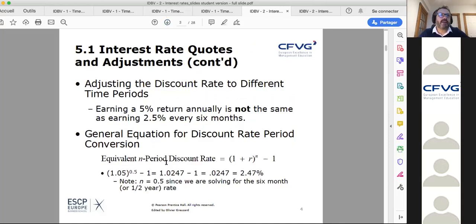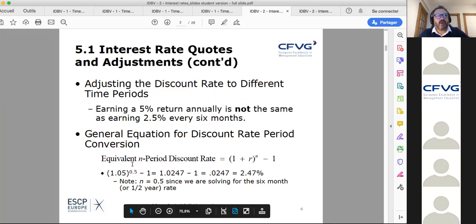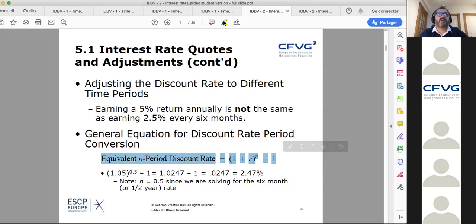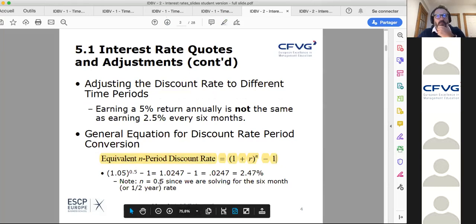So this is the formula we're going to use: 1 plus r exponent n, minus 1, to calculate the equivalent n-period discount rate. For example, let's say we have a 5% EAR.